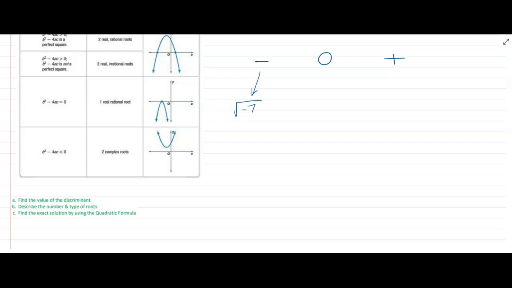So if the number under the radical is negative, we end up with two complex roots, just like this. If the number under the radical is 0, remember how the quadratic formula goes, that means that we are adding nothing to negative b over 2a, and we're left with one rational root.